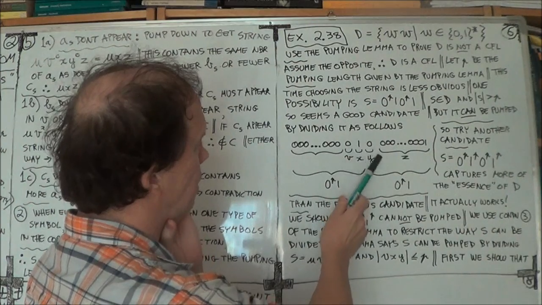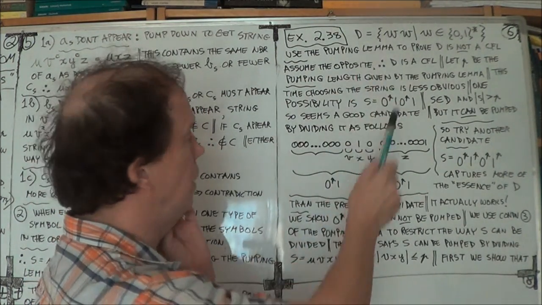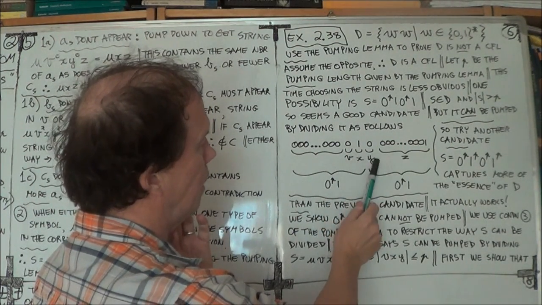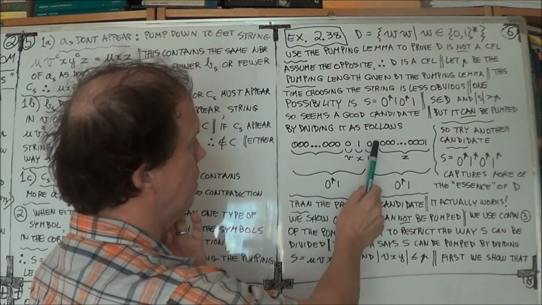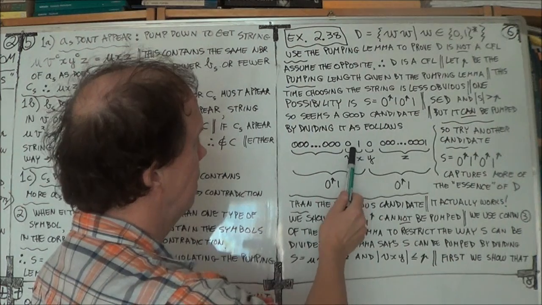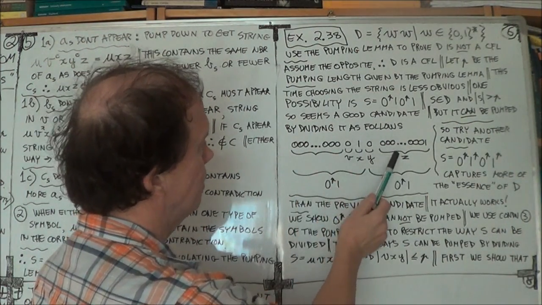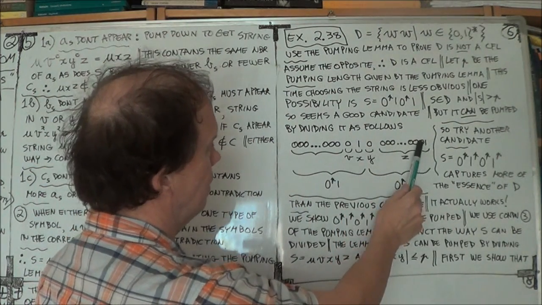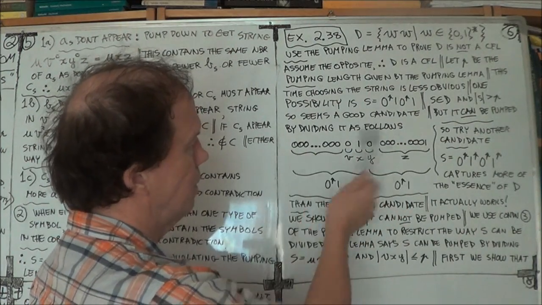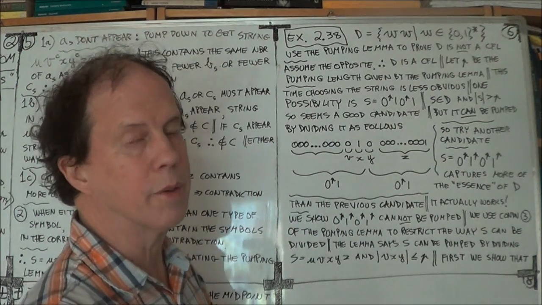Say I make n copies of v here, v to the n. Well, I just have n zeros here, and remember I have to have y to the n. Well, again I just have n zeros here, and whatever number of zeros here, I add n zeros, and it's still of this form, and so it belongs to the language.